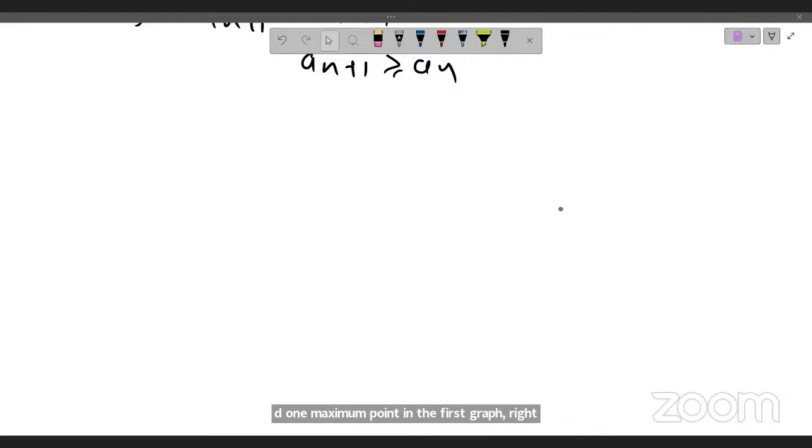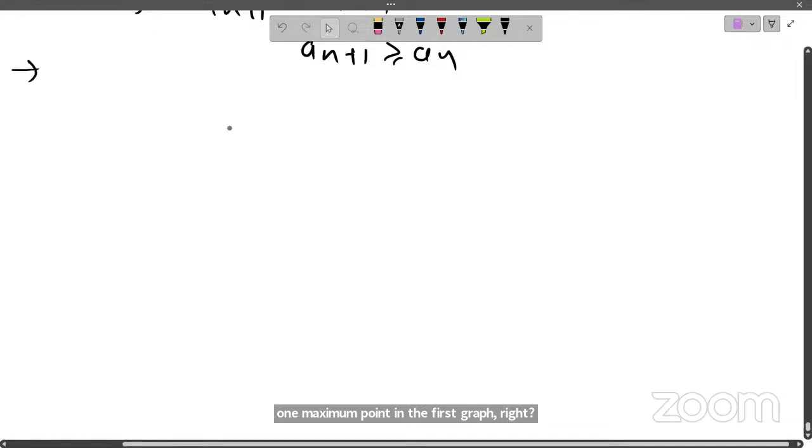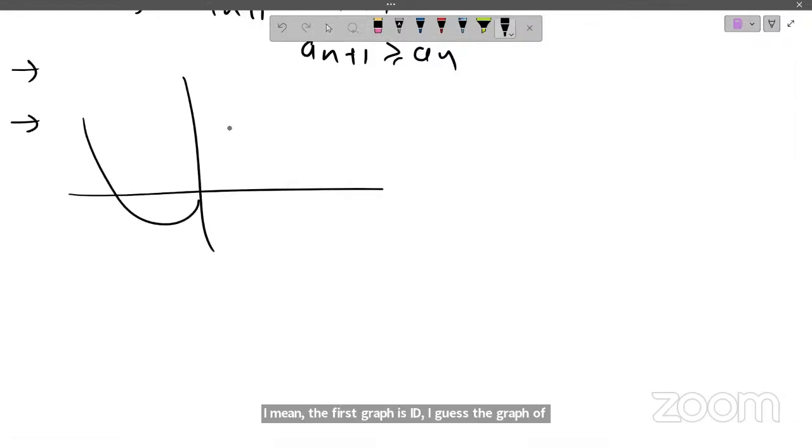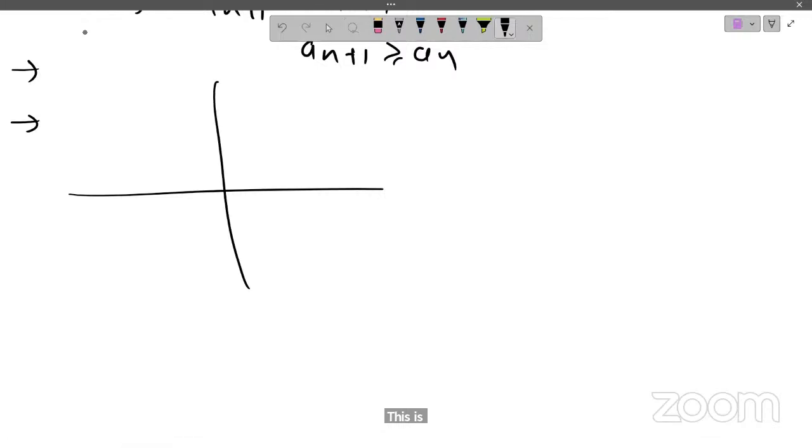I mean, the first graph is, I guess, the graph of cos. This is the first graph, right? Yes, ma'am.